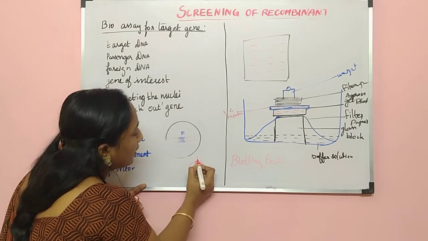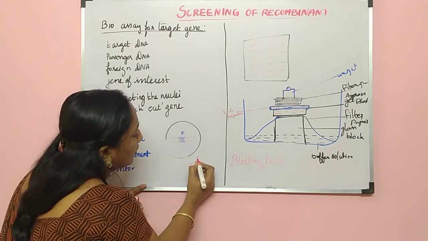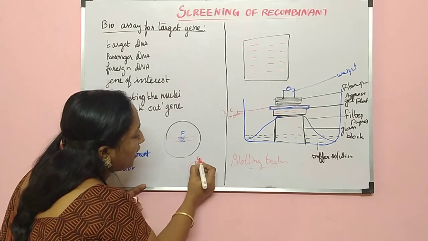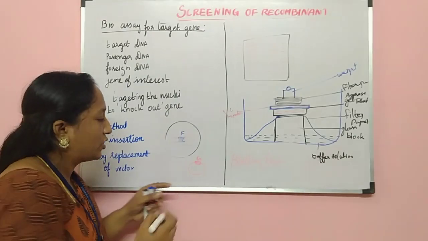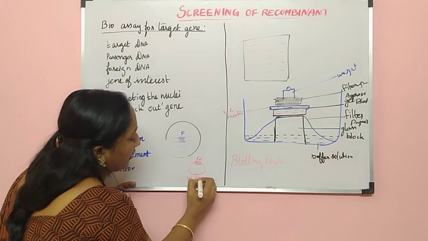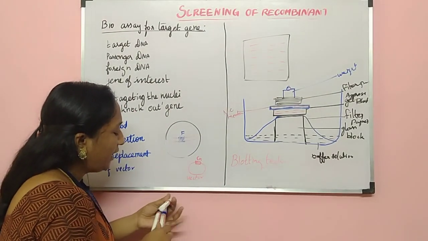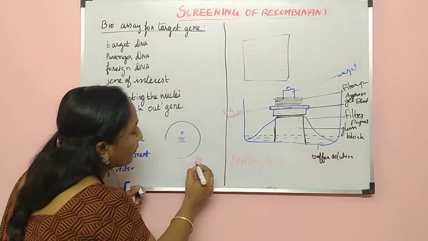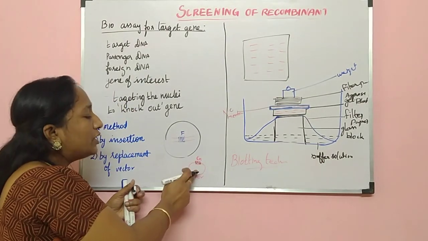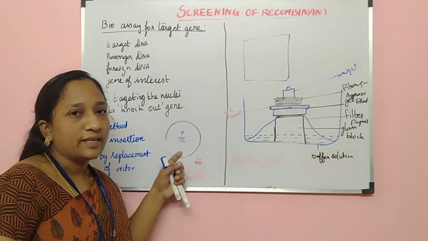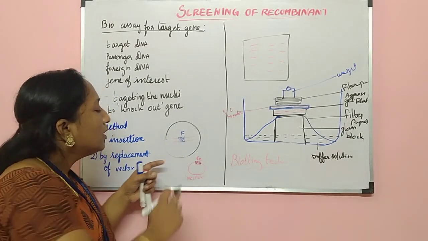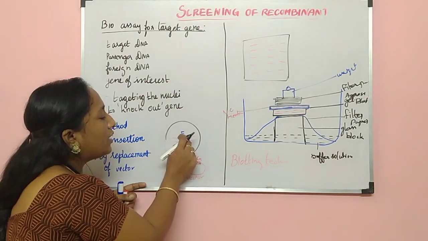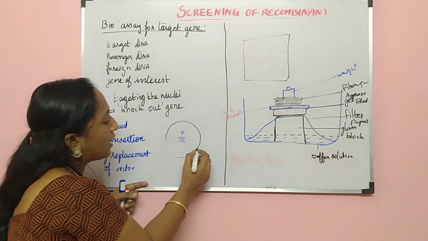Suppose I am inserting the G gene in the vector. This is a vector, and in it I am inserting the G gene. Now this vector should be allowed to enter inside the cell. While the vector moves, the particular gene will start to exchange.